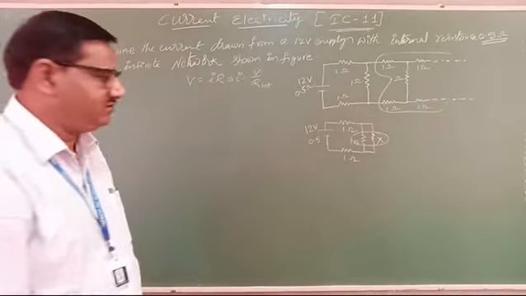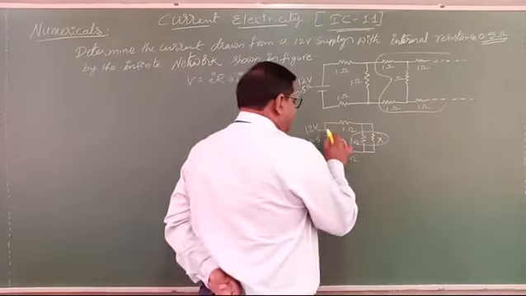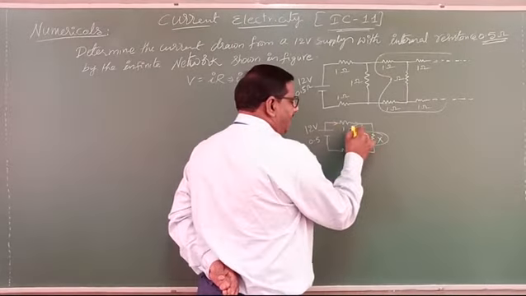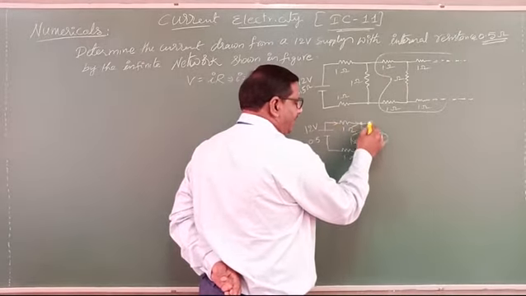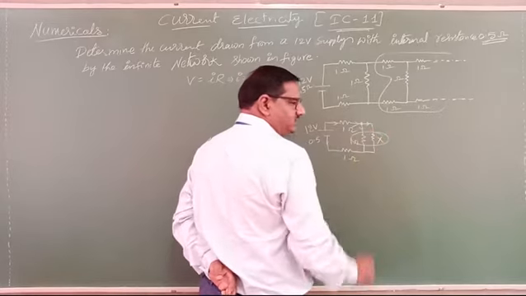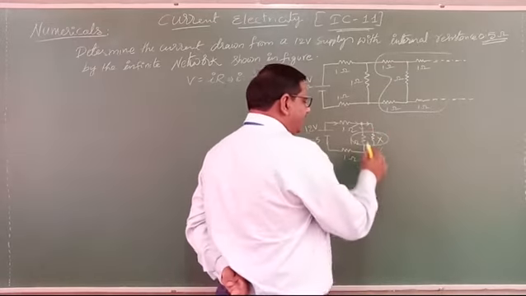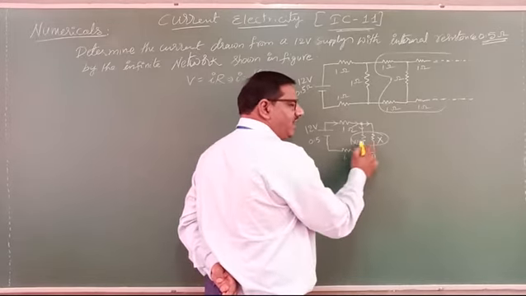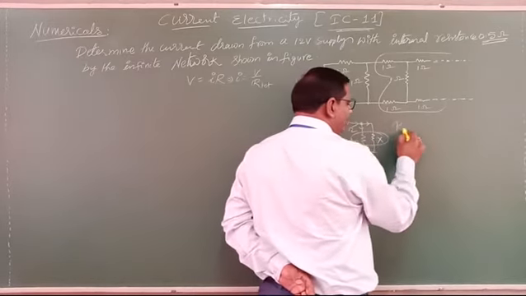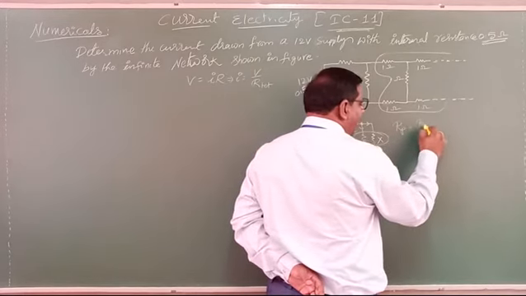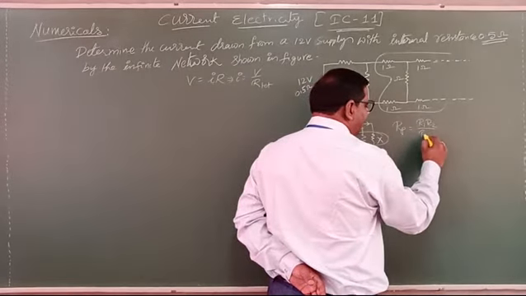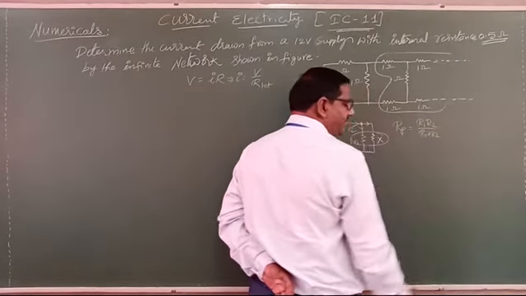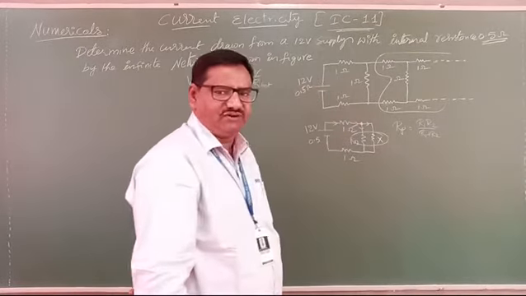Parallel combination. Why? See, current will flow here and at this point the current can get split. When current can get split, these two are in parallel combination. So Rp equal to R1 R2 by R1 plus R2. This is the parallel combination effective resistance formula.